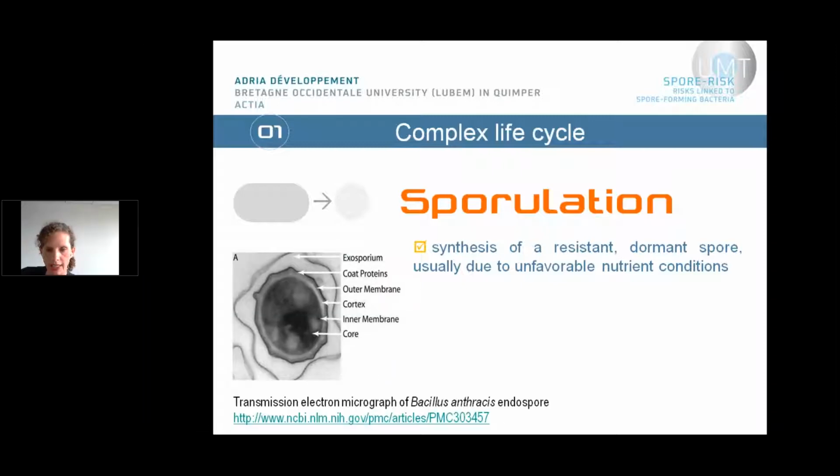This is a micrograph of Bacillus anthracis and the spore. Since the bioterrorism attack, there are a lot of micrographs available on the internet. So you see a really complex structure, where here is the core of the spore, with DNA and all the compacted material of the bacteria, and then you have different structures: membrane, cortex, coat proteins.